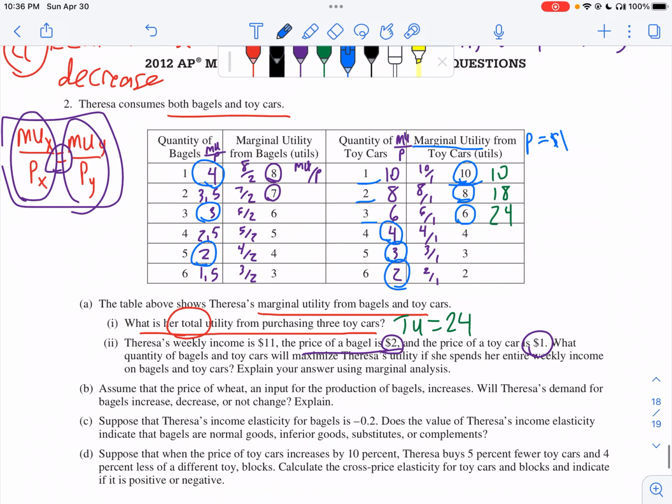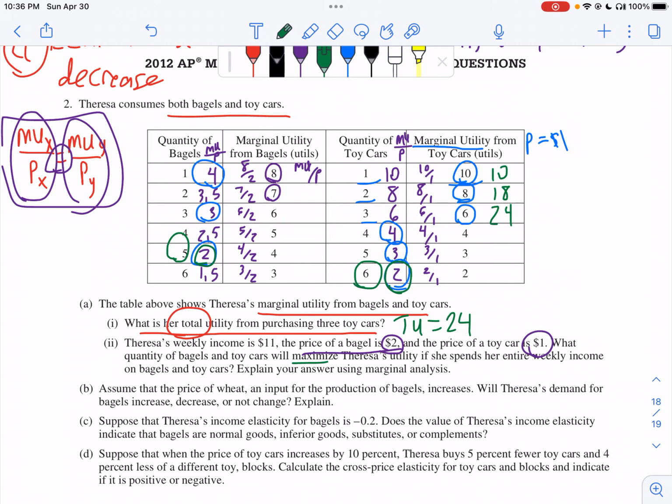So if I want to maximize total utility, that would mean consuming more. The more I consume, the happier I am. So I would start with 5 bagels and 6 cars. The reason I'm doing 5 bagels and 6 cars is because it's 2 equals 2. That's where they're equal, and that happens with 5 bagels, 6 cars. The question then becomes, can I afford 5 bagels and 6 cars?